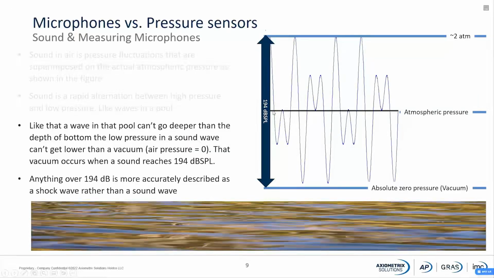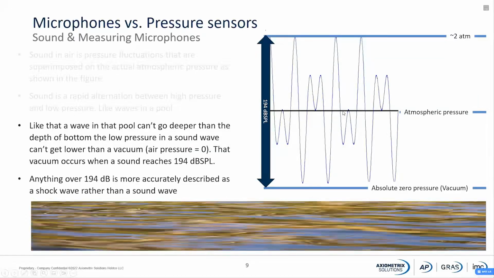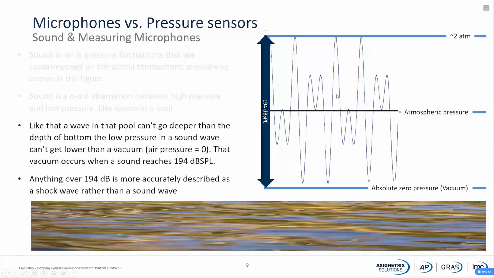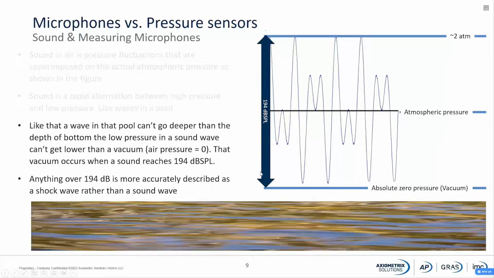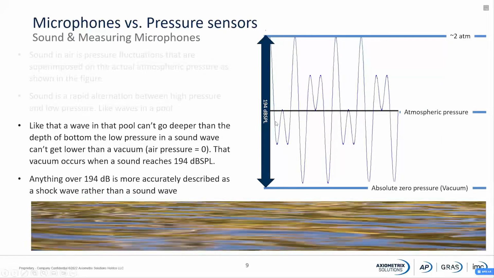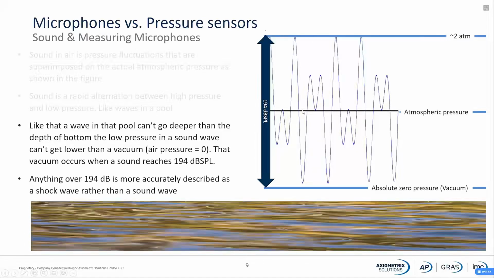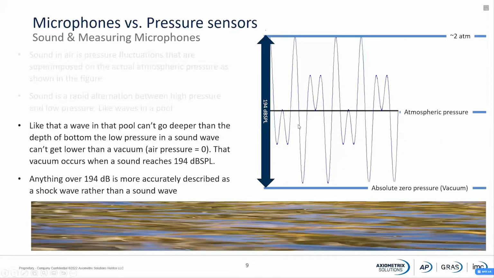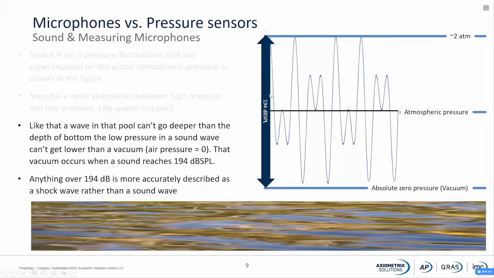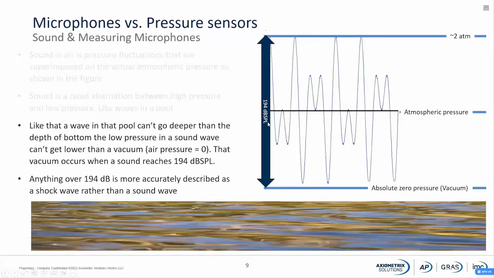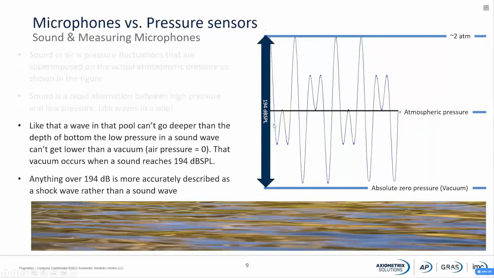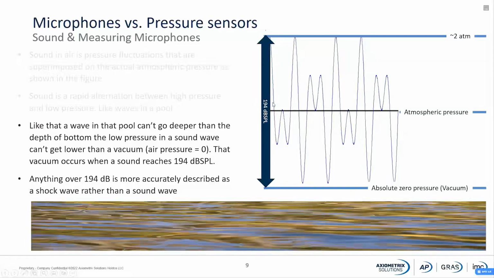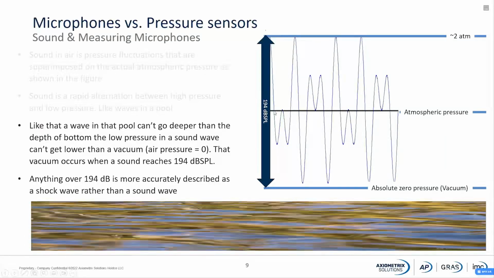So therefore, if the atmospheric pressure goes up to a higher level, then you can actually have a louder sound wave than 194. And vice versa, if the atmospheric pressure goes down, you can have a lower sound wave. What if the wave is actually bigger than 194 decibel?